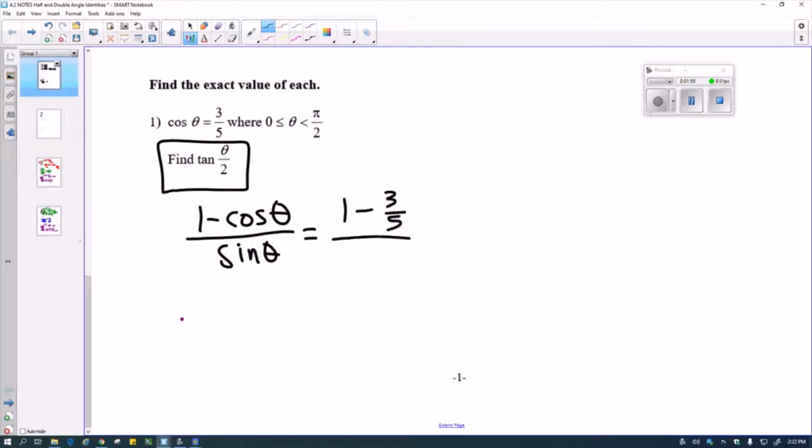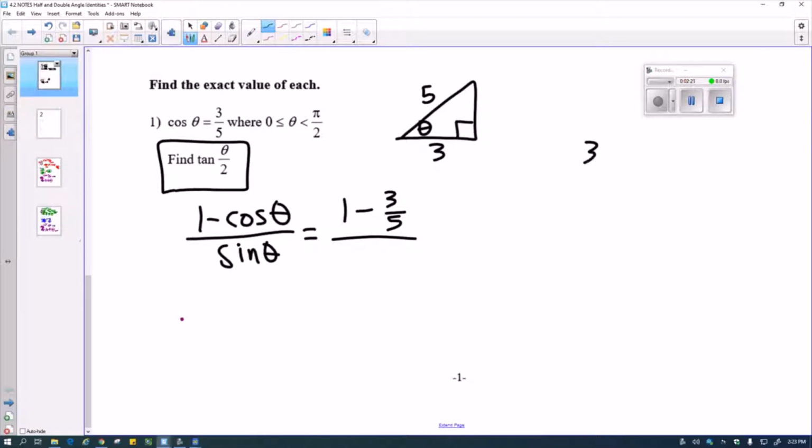The problem is I don't know what the sine is, and I need the sine to finish off this equation. And so this is where my right triangle geometry comes into play. I'm going to draw that picture and do some Pythagorean theorem. Cosine is the adjacent over the hypotenuse. I have to figure out the opposite side.